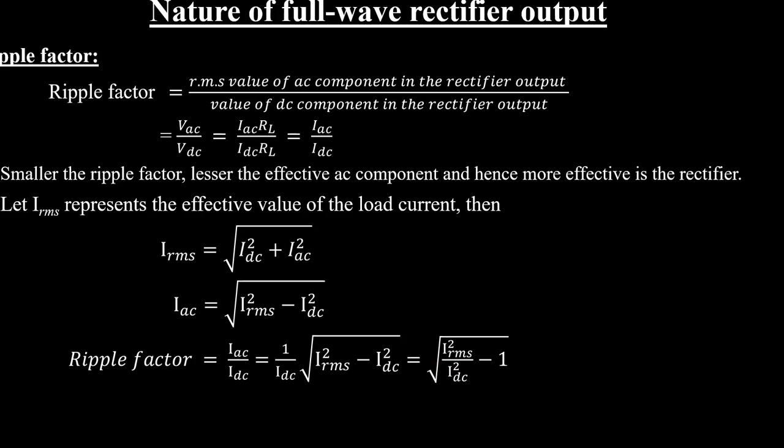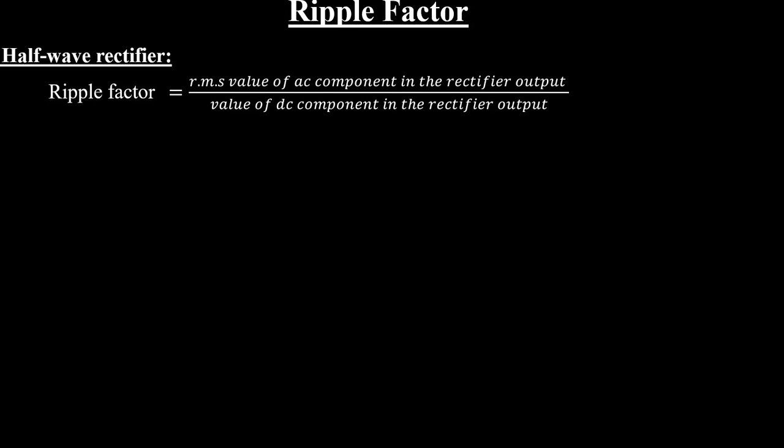Now let's see what is the ripple factor for a half wave rectifier and a full wave rectifier separately. For that, first of all, consider the half-wave rectifier. Again, the base we are using is the definition: ripple factor is equal to IAC by IDC, which is equal to the square root of IRMS square divided by IDC square minus 1.